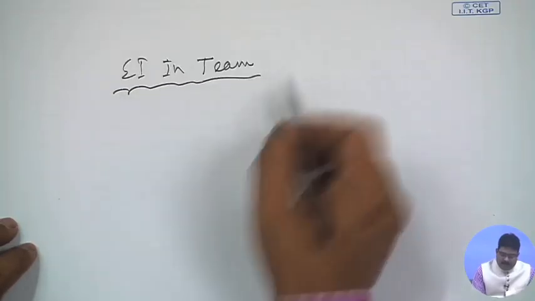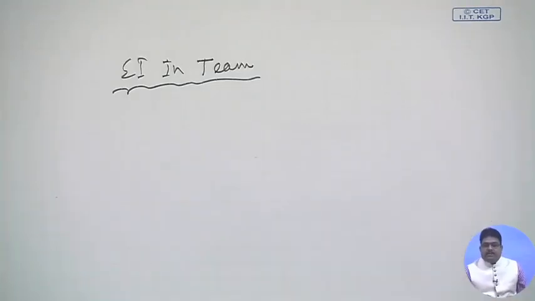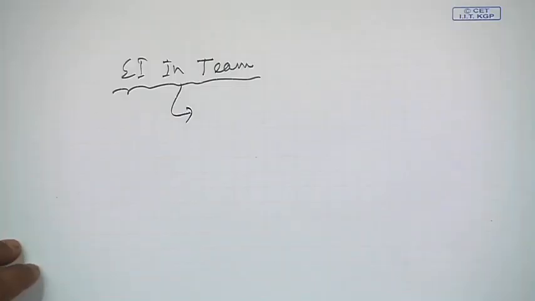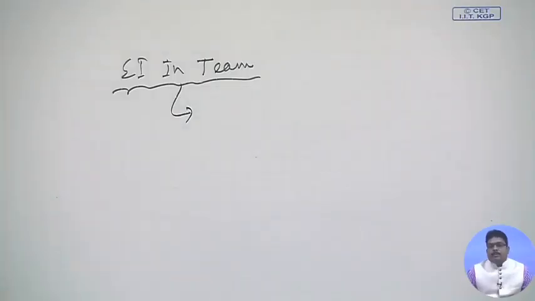this is what I usually find in my training programs, starting from managers to academicians, NGO officers, defense personnel. We have seen the difficulties that we face in a team. A team consists of a group of people.